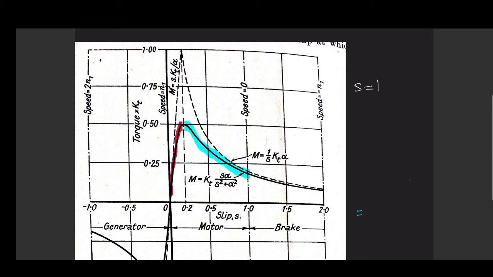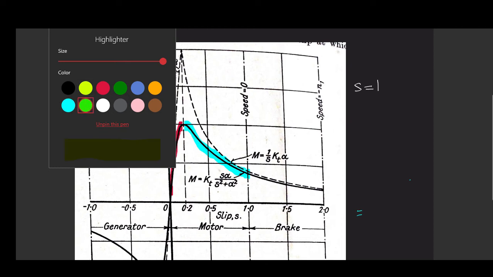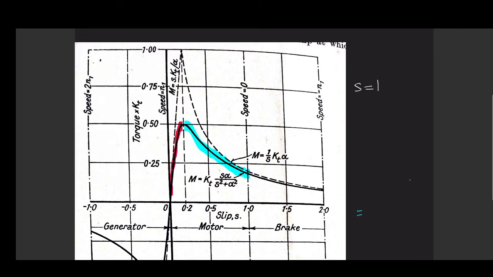This region is known as the braking region. In this braking region, the value of slip is 2 minus S. How are we getting this slip value?